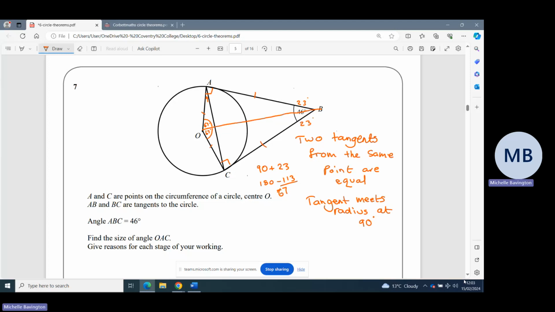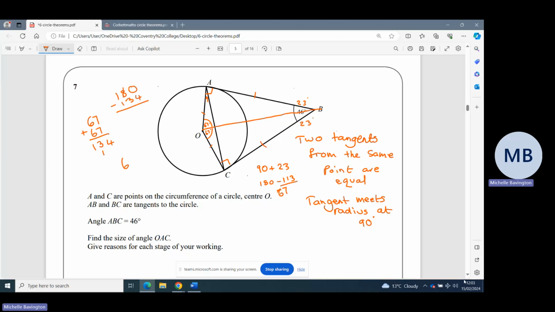Brilliant. So 67 plus 67 equals 134, which leaves me 180 minus 130.